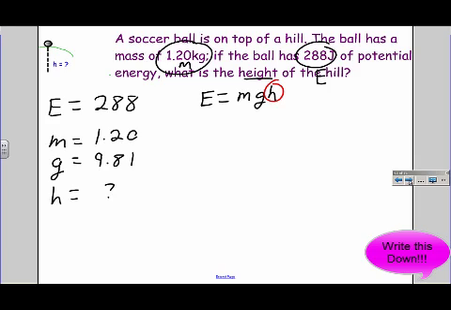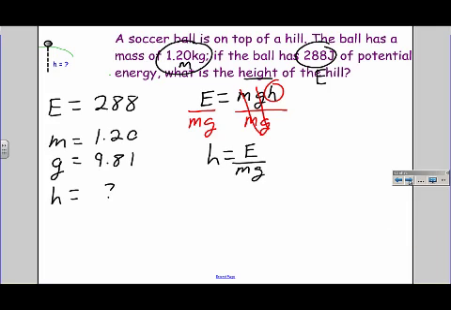So we're going to divide by m and g. What we do to one side, we must do to the other. So our formula that we end up with is E over mg, or E divided by mass and divided by gravity. So if you are looking for either the mass or the gravitational pull, the formula is the exact same. If you're looking for the mass or the gravity, you would rearrange this the exact same way, all in one step.